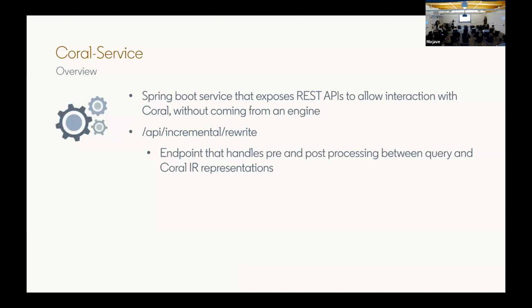Another component I want to highlight is Coral Service. Coral Service is a standalone Spring Boot service where we expose REST APIs to enable these translations or any kind of optimizations. The specific endpoint for incremental rewrite is the endpoint that accepts this input SQL and returns you the differential incremental SQL representation.